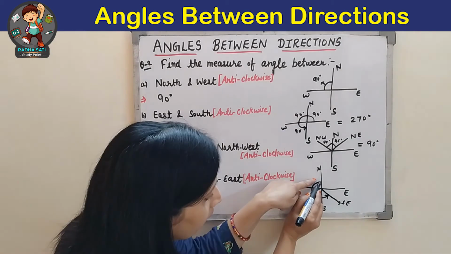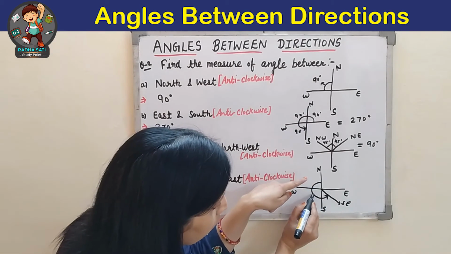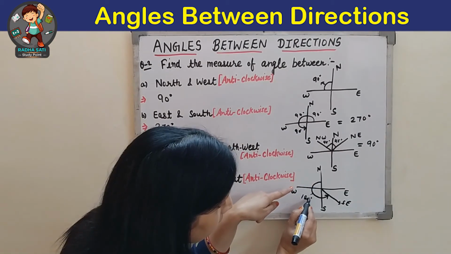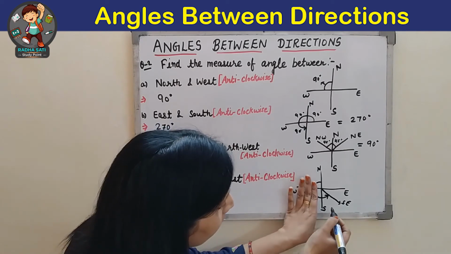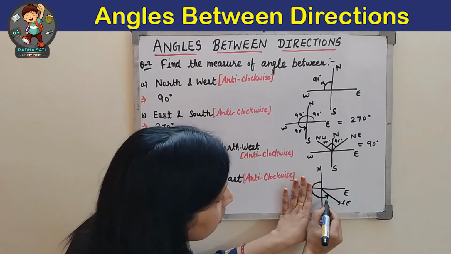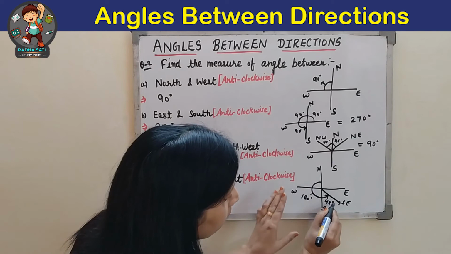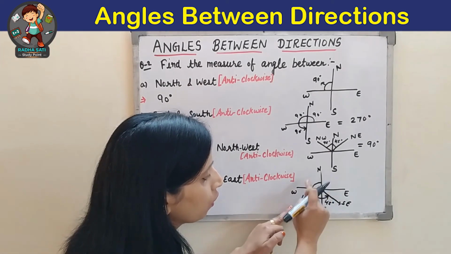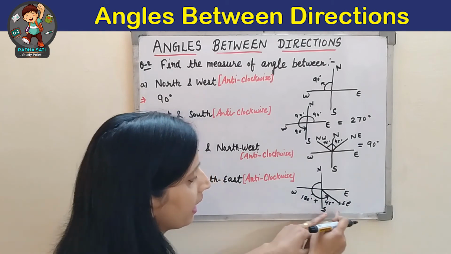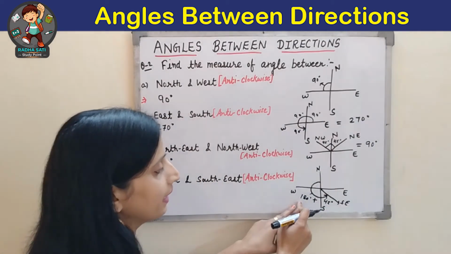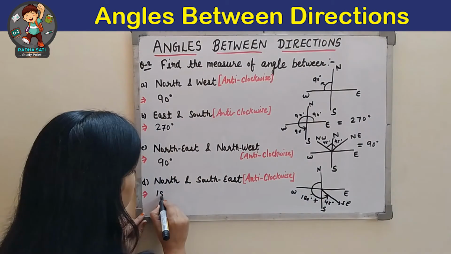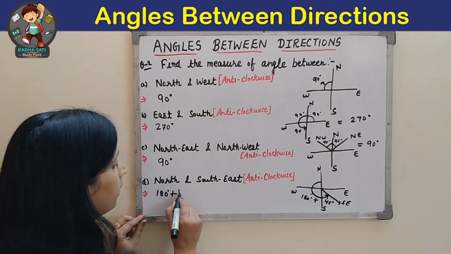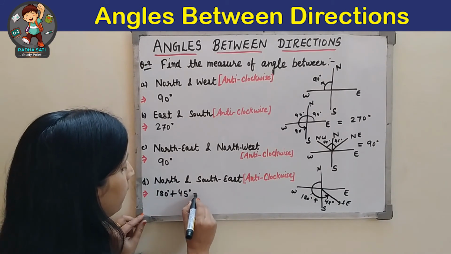So the angle between north and south, we can see it is 180 degrees. And the angle between south and southeast is 45 degrees. So to find out the angle between north and southeast, we will add up these two. 180 degrees plus 45 degrees.